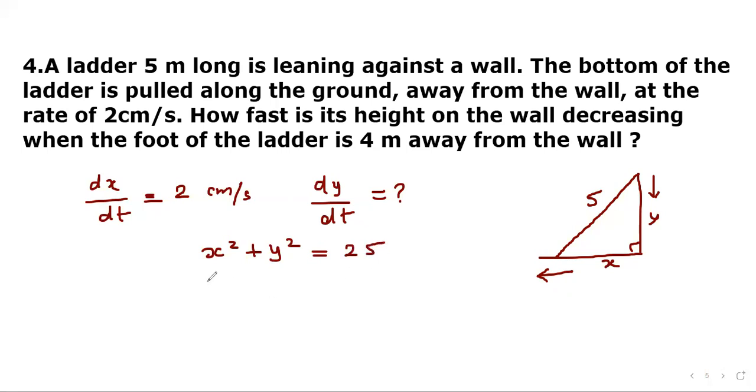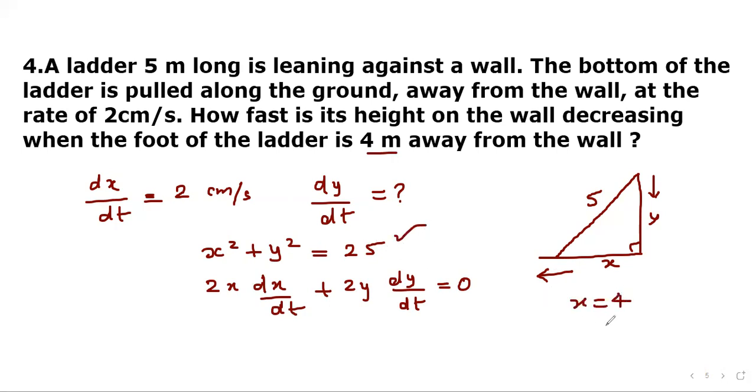We differentiate it, 2x dx by dt plus 2y dy by dt equal to 0. Now here it is given that when the foot of the ladder is 4 meter away, x is 4. When x is 4, from here y will be 3. So we put these values and we have to find out dy by dt.